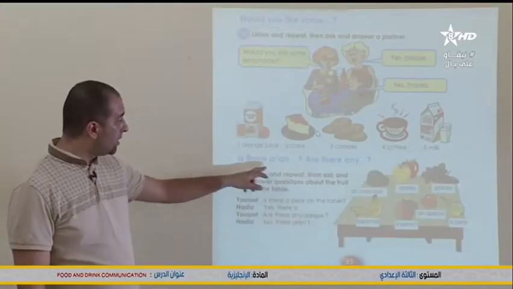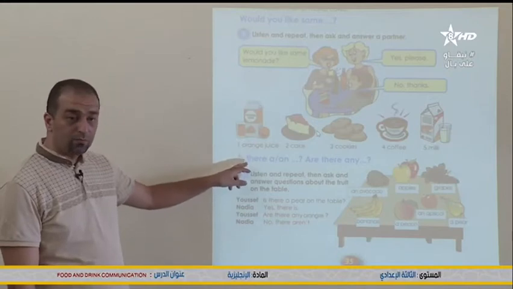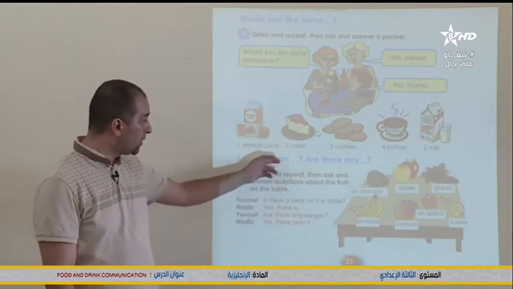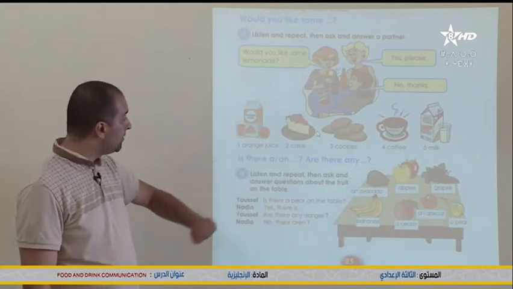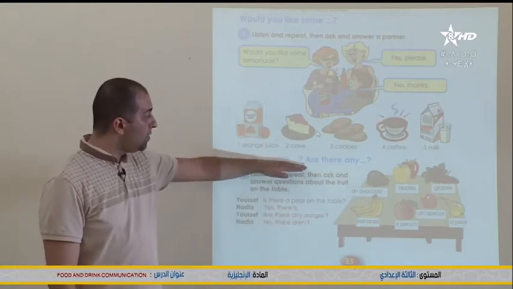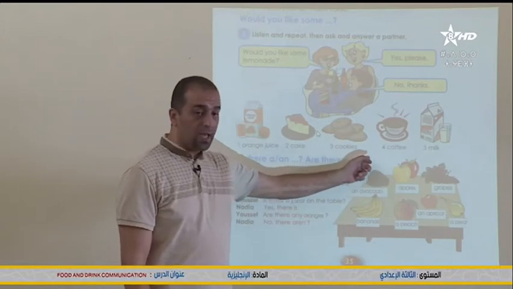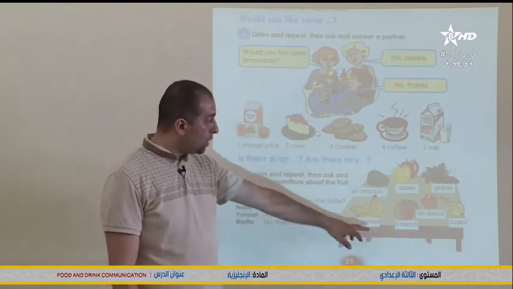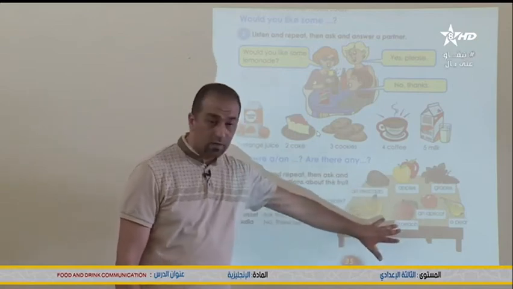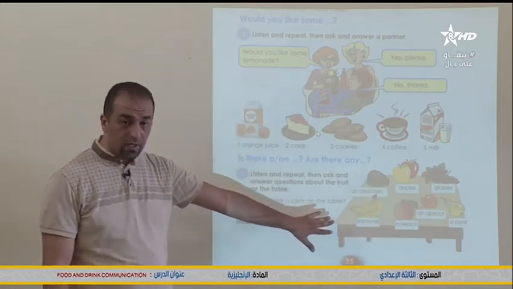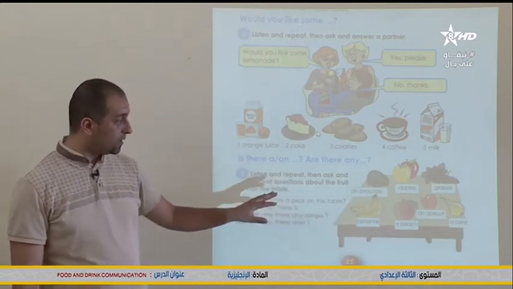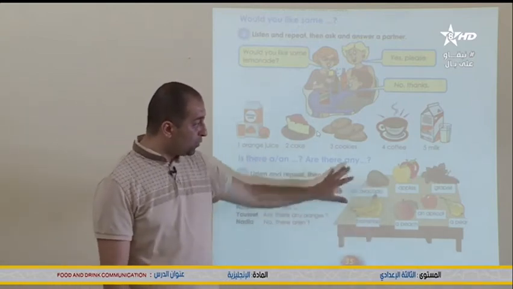Exercise 3. Here you have 2 kinds of questions, one in singular and one in plural, because we are going to use them in this dialogue. Is there a, or are there any? But before we start doing this exercise, look here. What do we have here? We have a table, and on the table we have fruits.